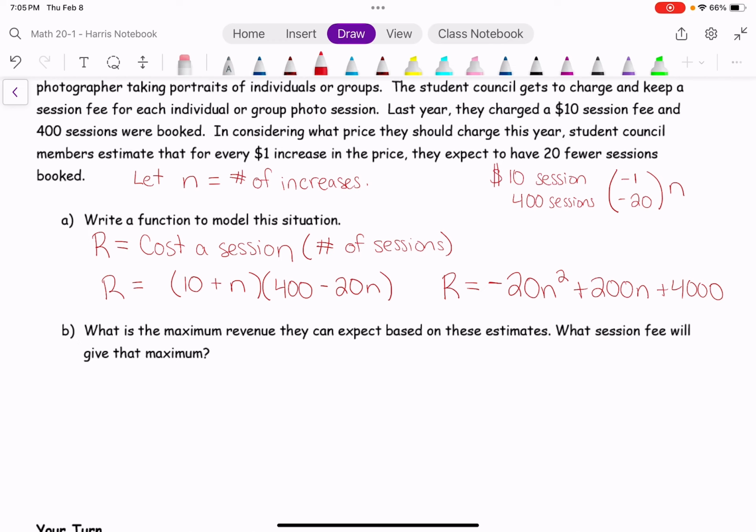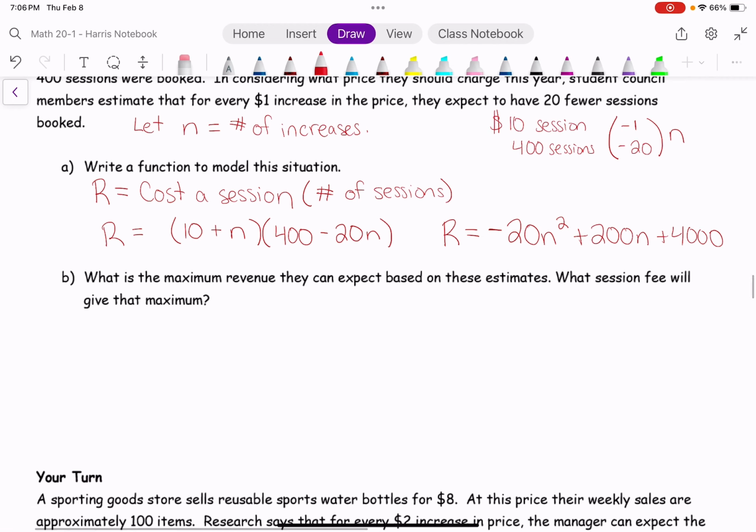My next question is asking what is the maximum revenue they can expect based on these estimates. There's no need to graph anymore, because I know how to take this and get my vertex form from it.